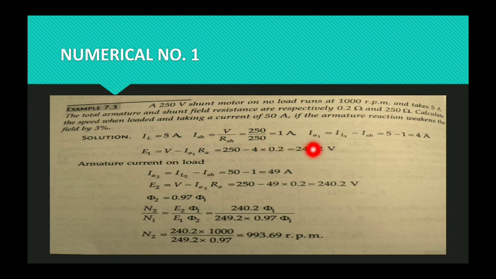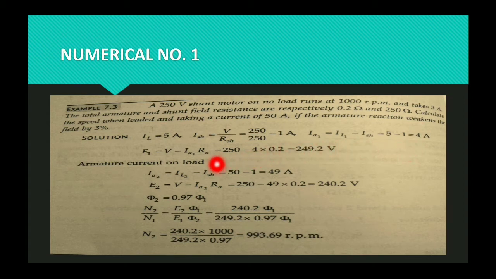And IA1, the armature current at the first condition, is IL1 minus ISH. IL1 is 5 ampere, the load current at the first condition. So 5 minus 1 equals 4 ampere.